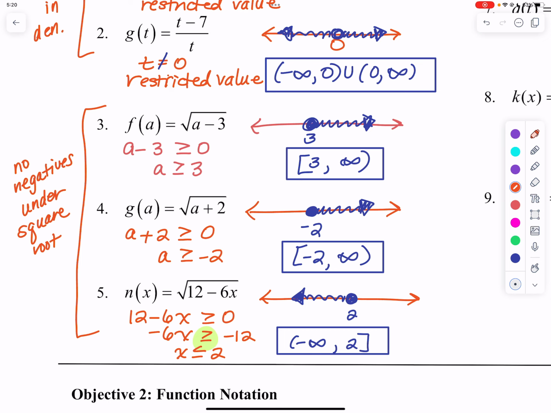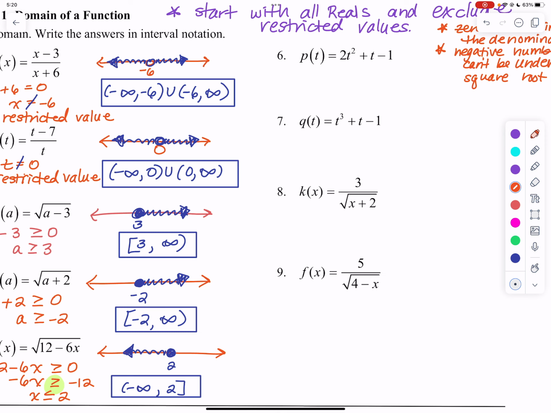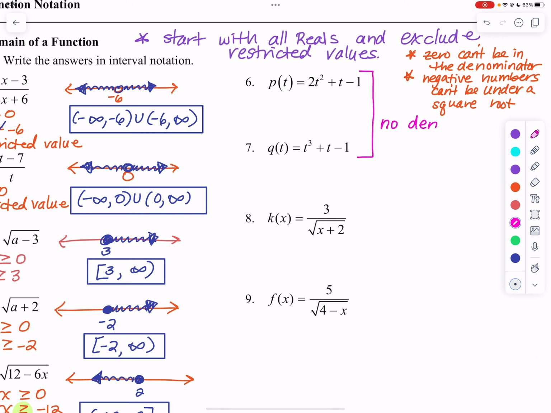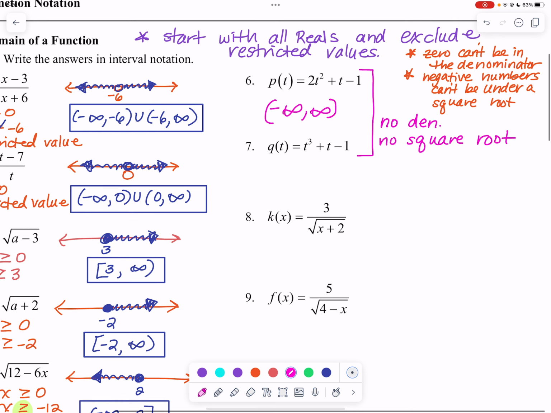Well, we don't see either of those in number 6 or number 7. There's no denominator, there's no square root. So when you have that case, it's all reals until we get to logarithms. So the domain here is all real numbers.